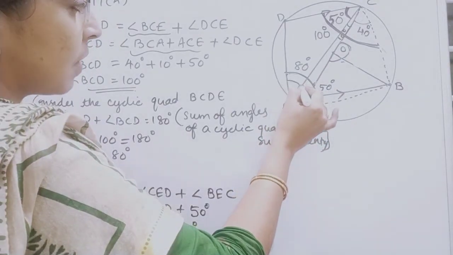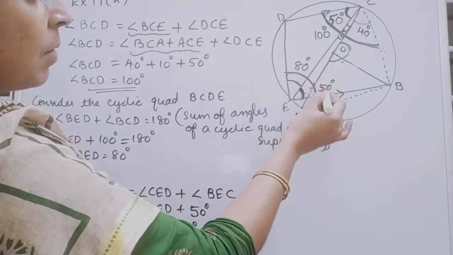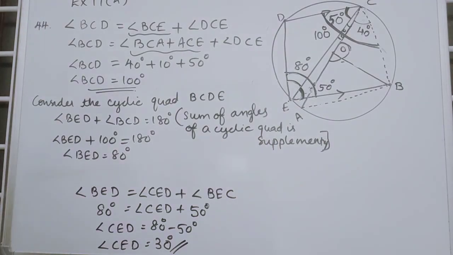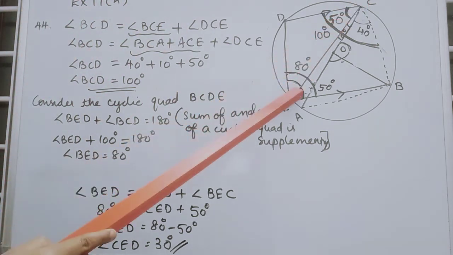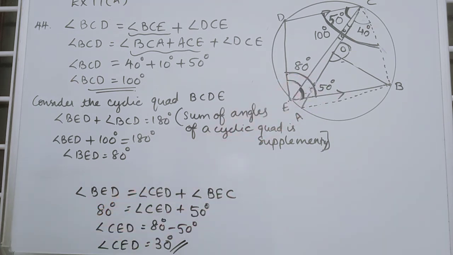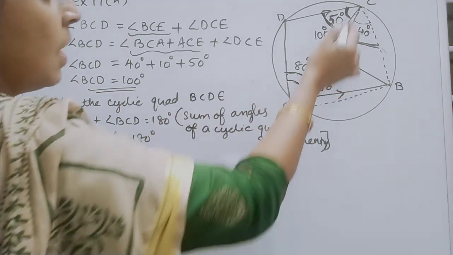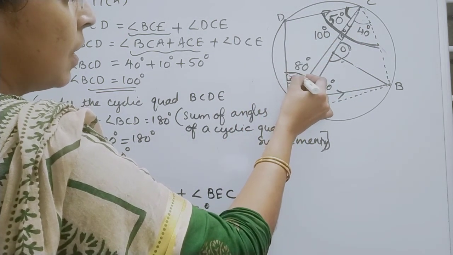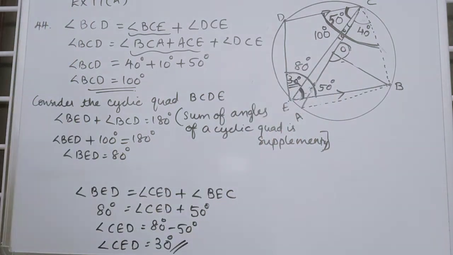So what about this remaining angle? It will be 80 minus 50, which is 30 degree. That is, angle CED is 80 minus 50. So CED will be 30 degree. So that is the answer. The measure of angle CED is 30 degree.